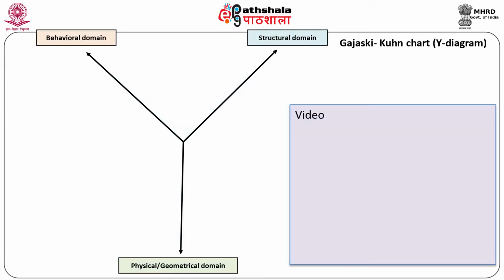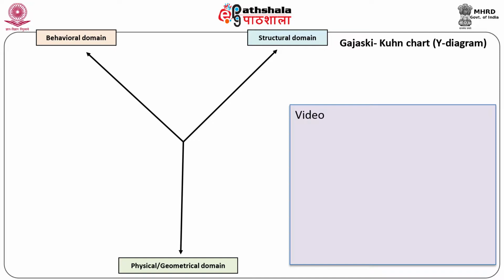The Gajski-Kuhn chart, or Y diagram, describes the different perspectives in digital hardware design. It shows the different stages of development of a VLSI integrated circuit. According to this model, the development of digital hardware is perceived within three domains.